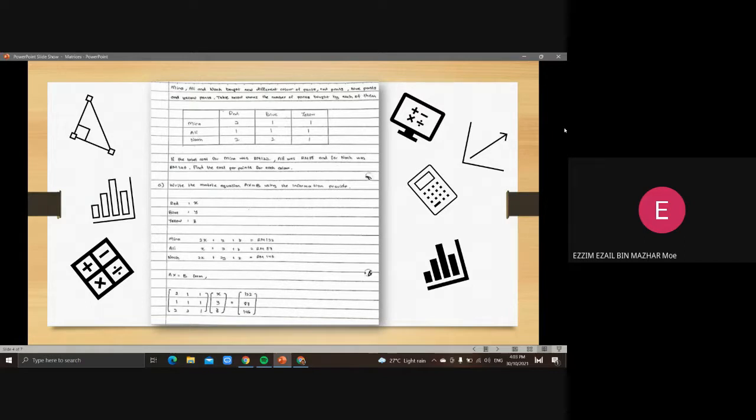My question asks me to write the matrix equation AX equals B using the information provided.